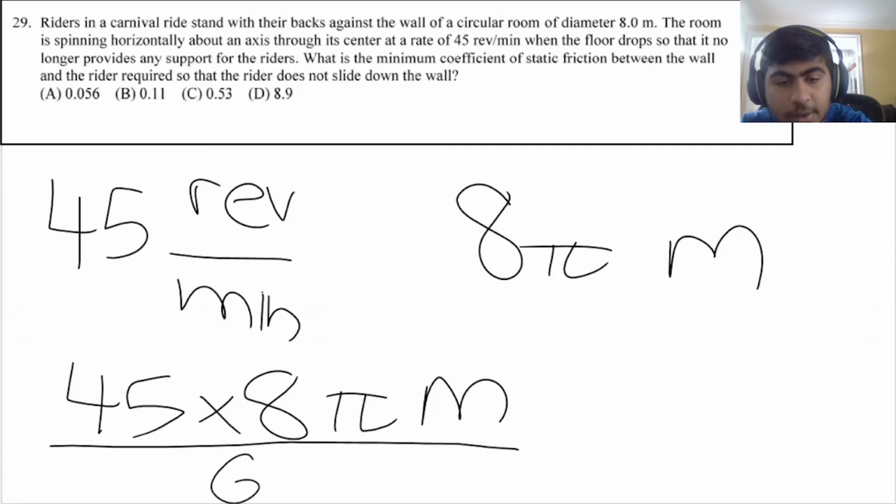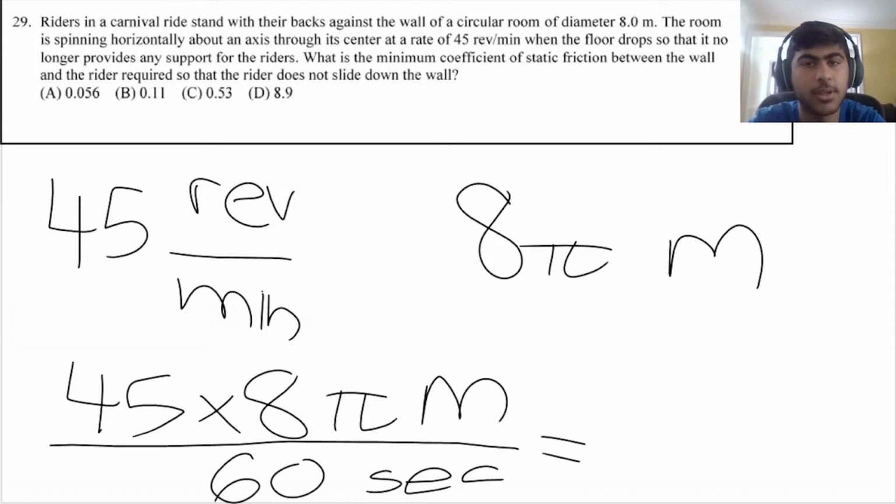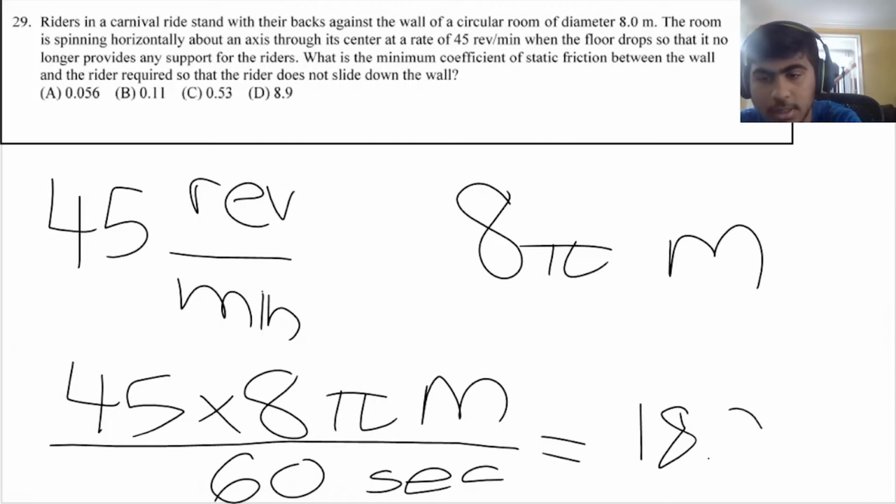So instead of a minute, we put 60 seconds. And let's pull out our calculator, which of course you can use on any part of the AP Physics 1 exam. And we get 18.8 meters per second.